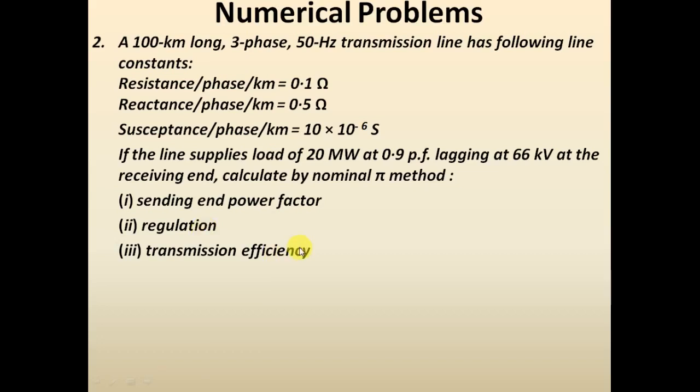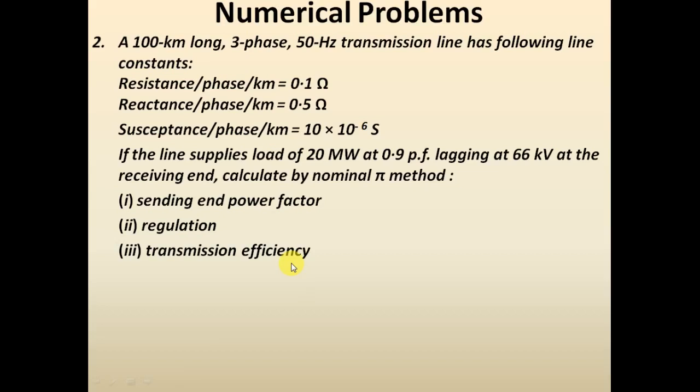Next you are asked to find the value of transmission efficiency. Receiving end power is given directly in the problem. You have to find the value of sending end power. Thereafter, dividing receiving end power by sending end power, you will be able to get the value of transmission efficiency. Sending end power can be determined by using the relation Vs Is cos phi s.